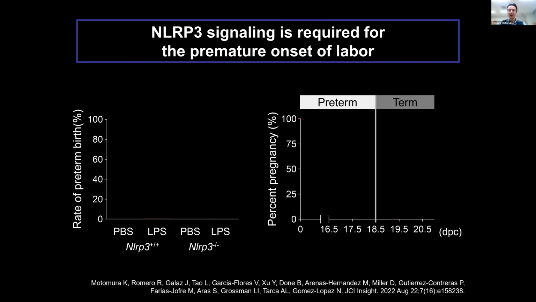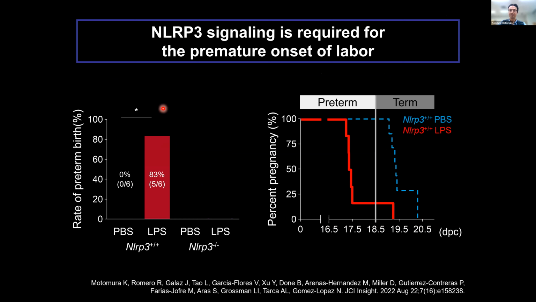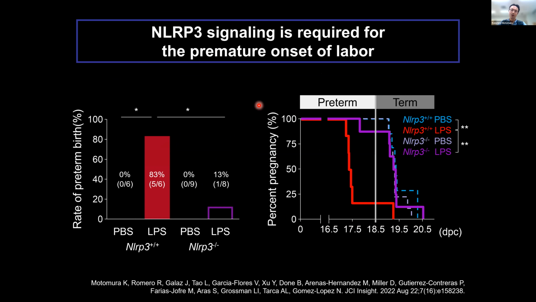Consistent with our previous study, most of the wild-type mice injected with LPS delivered preterm, which was reflected by their reduced gestational lengths. And strikingly, only a small proportion of NLRP3 deficient mice delivered preterm, indicating that NLRP3 signaling is required for the premature onset of labor.